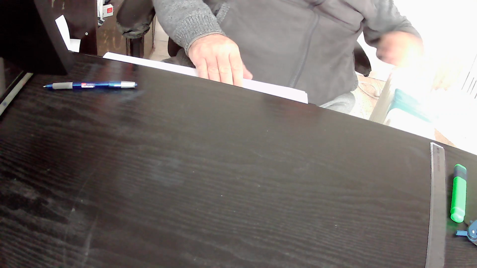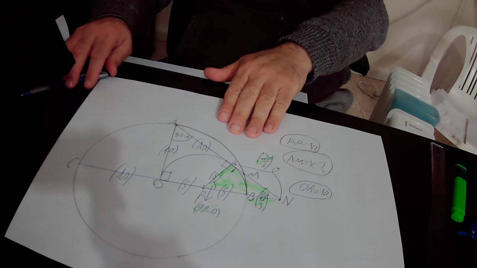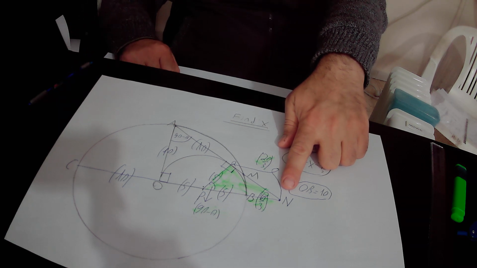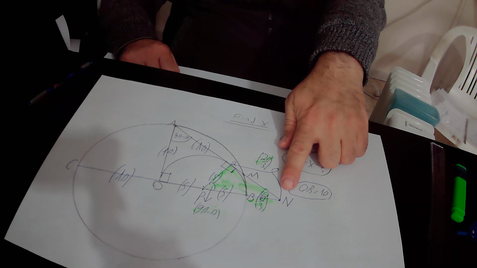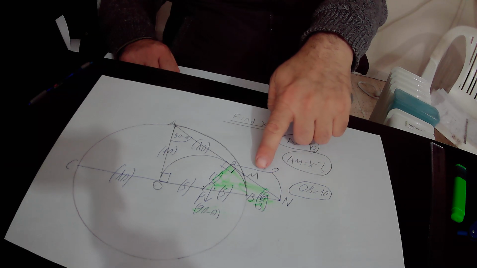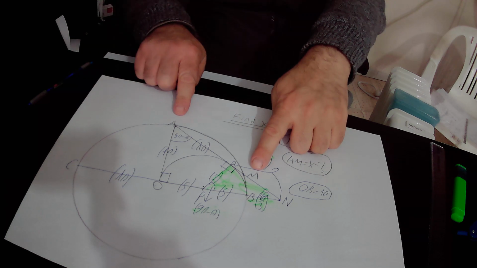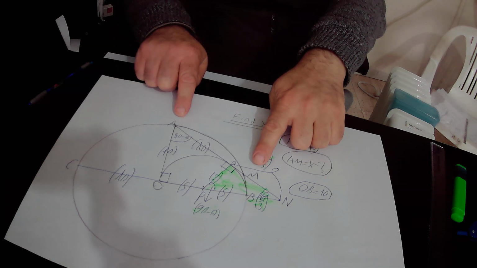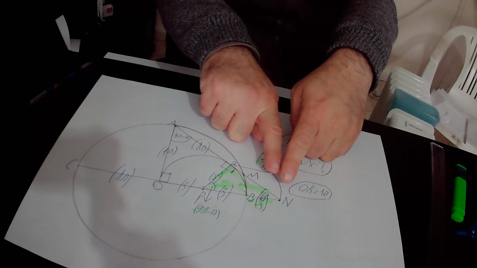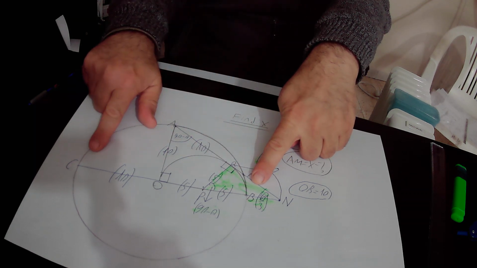We can actually implement rule number 14 in our drawing. Why? Because in our drawing, we have the common external point, point N. From the common external point N, we have two chords drawn inside this circle: chord MA, and from the same point N, the second chord that is called BC.